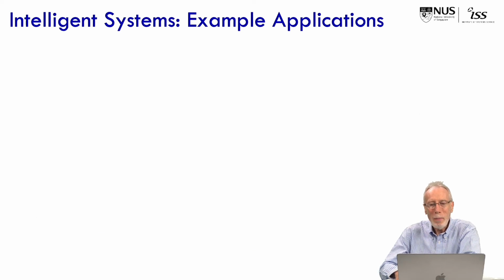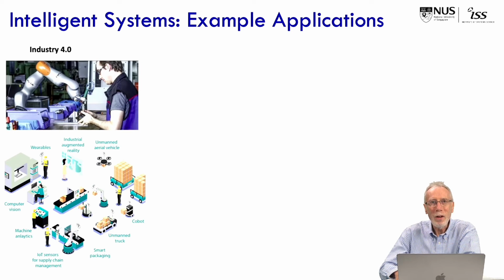So some examples of intelligent systems. Of course, we've all again heard of the term Industry 4.0, the application of AI within industry. So the photo there is showing a robot and a man in cooperation. It wasn't that many years ago where robots had to be kept well away from people in factories because of the safety reason.